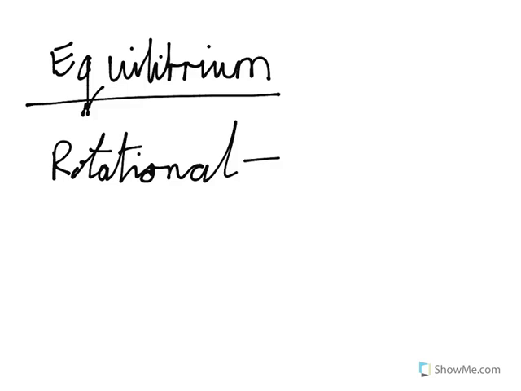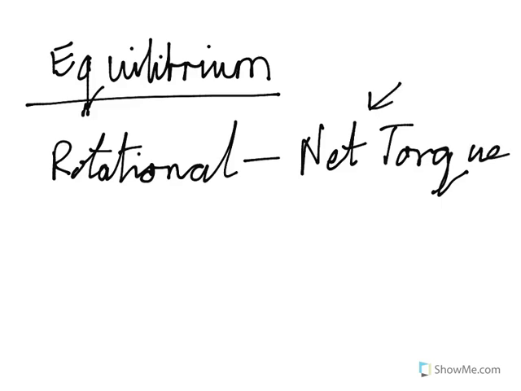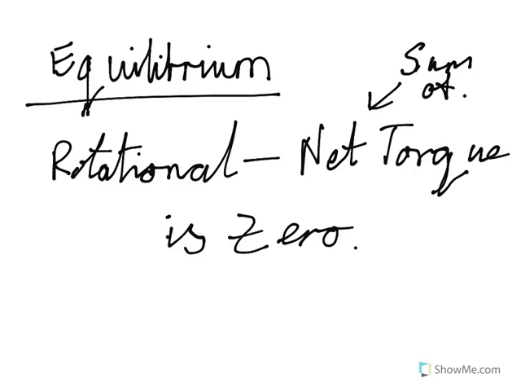And the key thing there is that the net torque, net meaning the sum of all your torques, is 0. So it won't rotate if the sum of all your torques is 0. So that's one type of equilibrium.